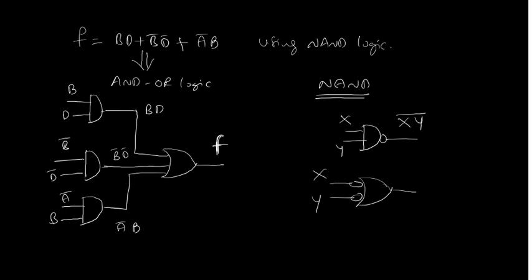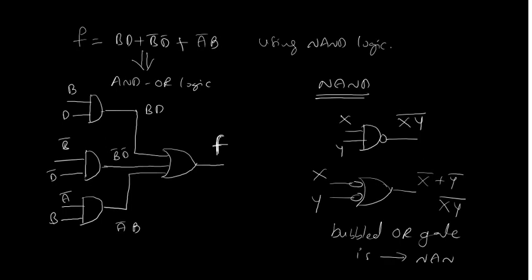You are not giving this X as it is, you are converting X and giving to OR gate. So that means this OR gate is getting X bar plus Y bar. This X bar plus Y bar is nothing but your XY bar. So that means bubbled OR gate is equal to your NAND gate. So if you have any bubbled OR gate in the already drawn circuit, you can replace that with NAND gate.